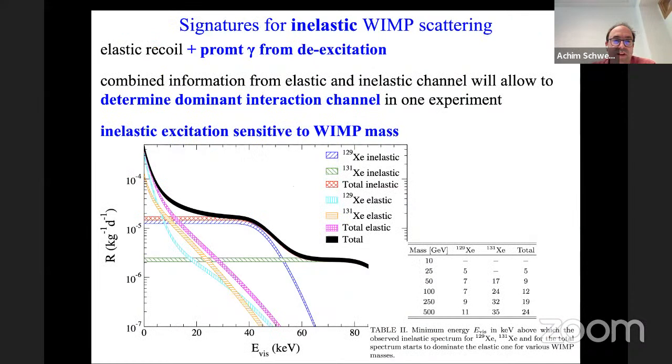Then we folded this into a recoil spectrum, which is what is looked at experimentally. This picture assumes the WIMP mass is 100 GeV, and shows how the recoil spectrum changes, if you look at the total elastic spectrum, which is the purple hatched one here.